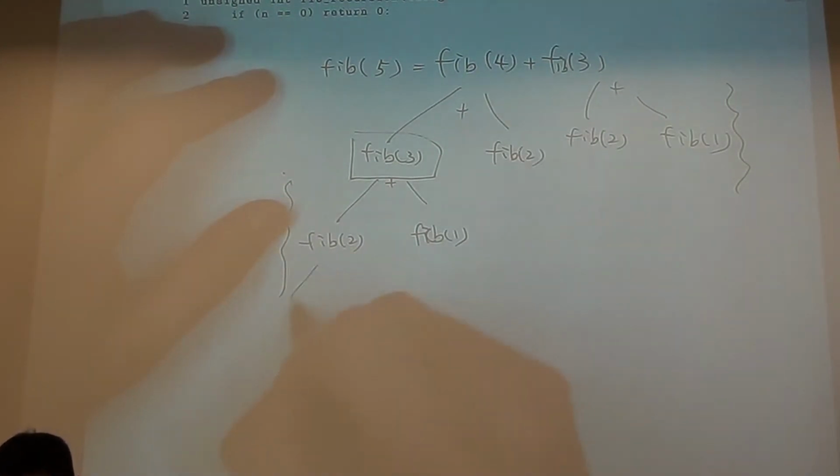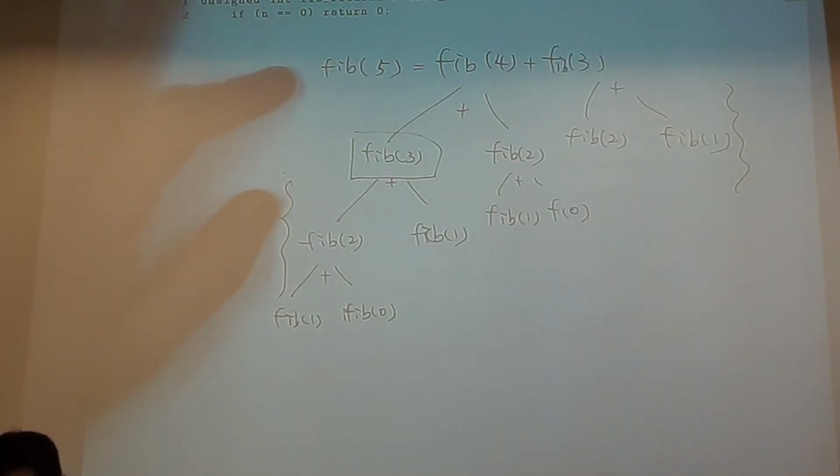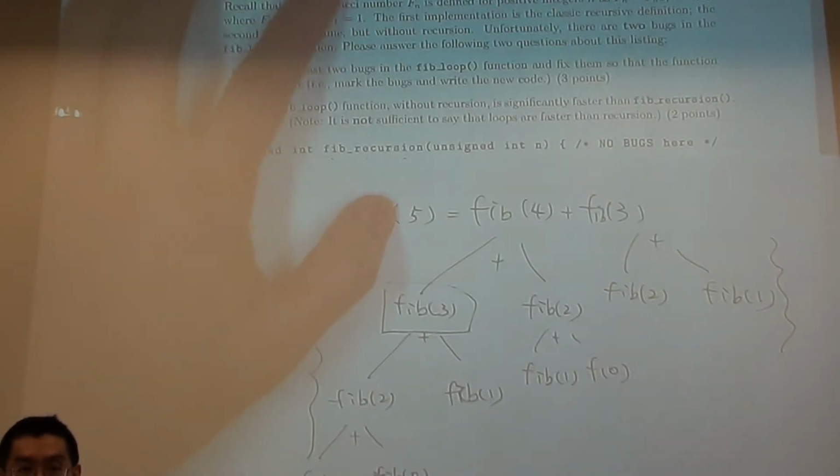And similarly, you can think of F2 will be F1 plus Fibonacci 0. By the way, this is Italian, so that's the reason we pronounce chi, not ki.